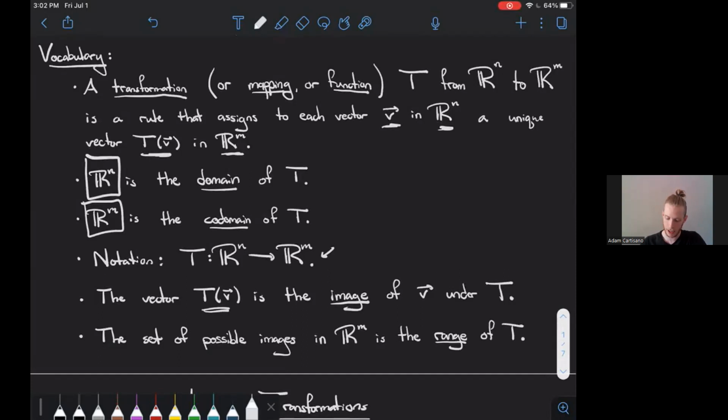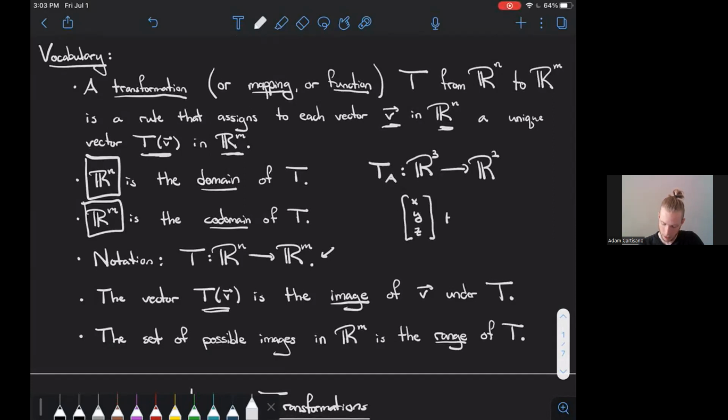In the example that we had, TA was a function from R3, that was the domain, to R2, that was the codomain. And I told you what the range was, though we haven't shown that yet. It was given by, I'll show you the notation that they like to use, although I don't think we'll be using this anywhere else in this video.